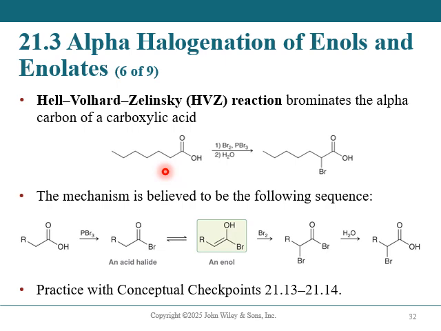So we do have some models, but that's as far as we have gotten. Here we have PBr3 reacting with the carboxylic acid at the alpha position. We have that keto-enol tautomerization followed by a halogenation, and then you have the substitution of that bromide for that hydroxyl, so you get that carboxylic acid back.